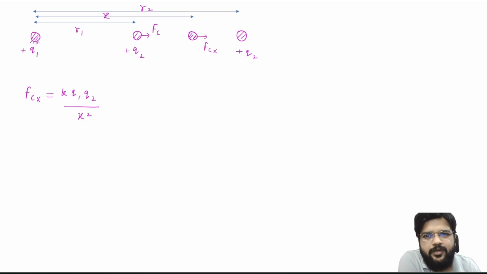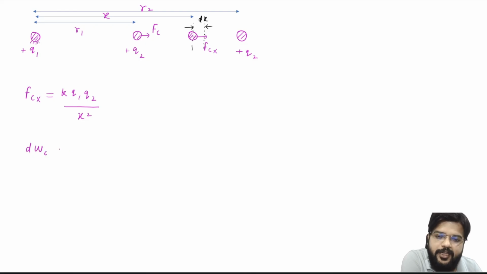So what we can do here, everyone, is find the work for a small displacement. I am considering a small displacement dx, and for this small displacement, this force can be considered constant. So I am writing dWc, the work done by the conservative force for an infinitesimally small displacement, where we consider the force constant.